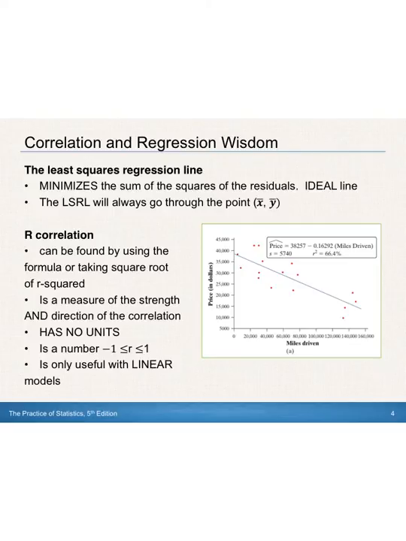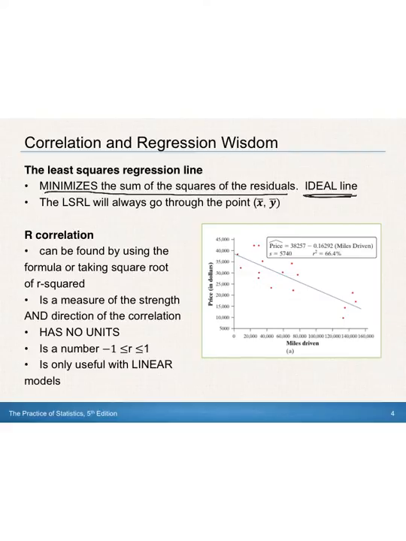When we start looking to see if there's an association between an explanatory and a response variable, and we think that there is a linear association, then we can go ahead and create a least squares regression line. The least squares regression line is an ideal line that is created by minimizing the sum of the squares of the residuals.